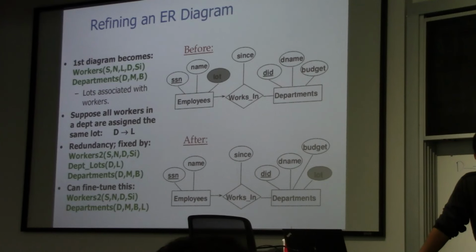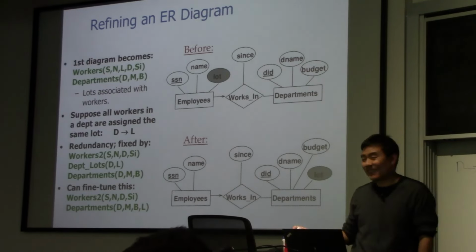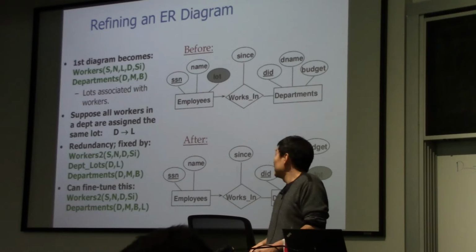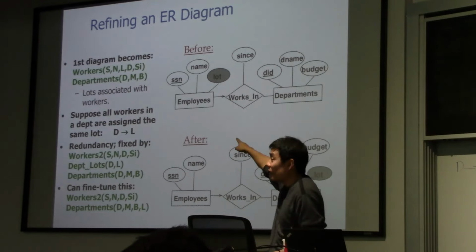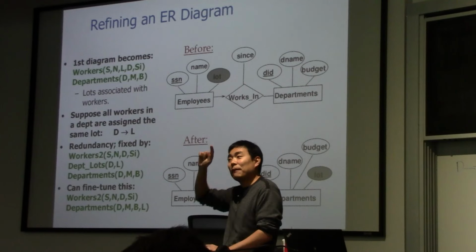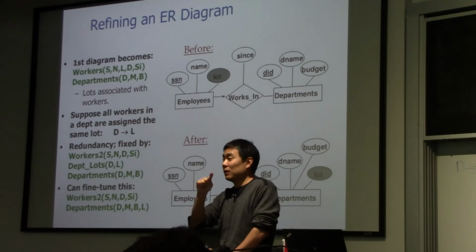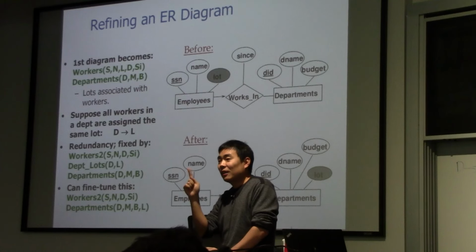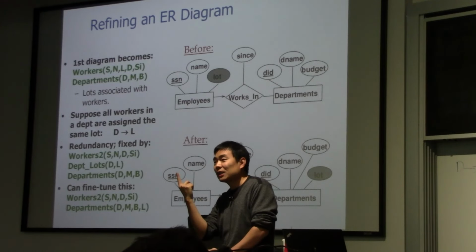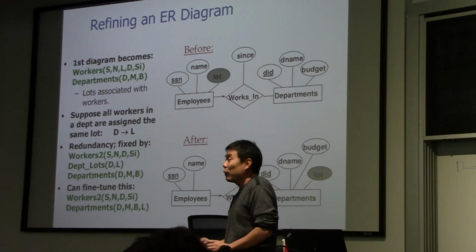I want to ask somebody else. Because each employee, if you think about it, has the same department ID value, because he or she can only work for one department, which means he or she can only have one lot. But what's the problem?